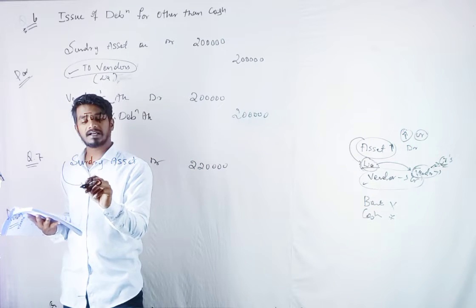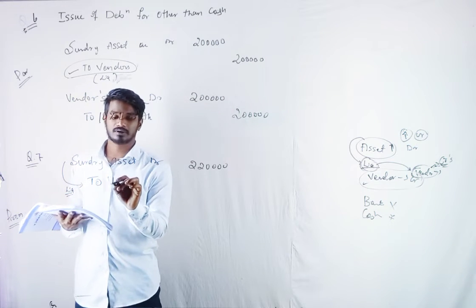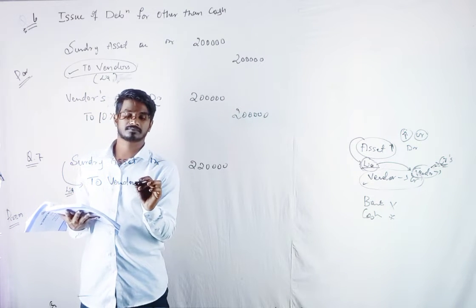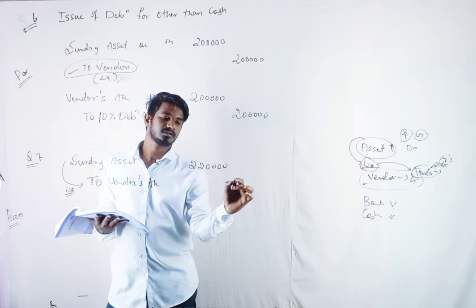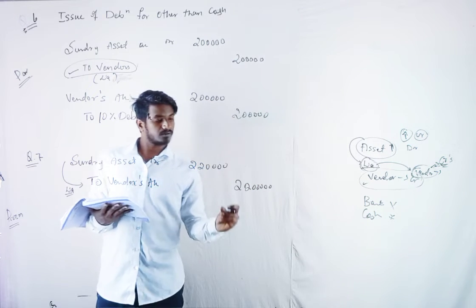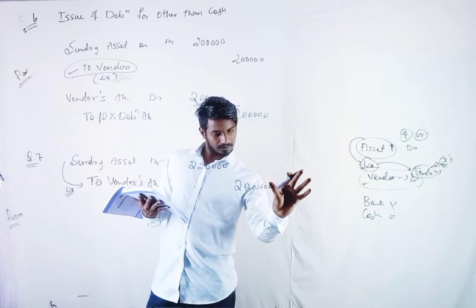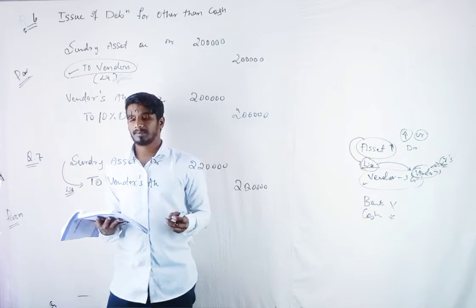Simultaneously we are creating a liability, the vendors account, 2,20,000.